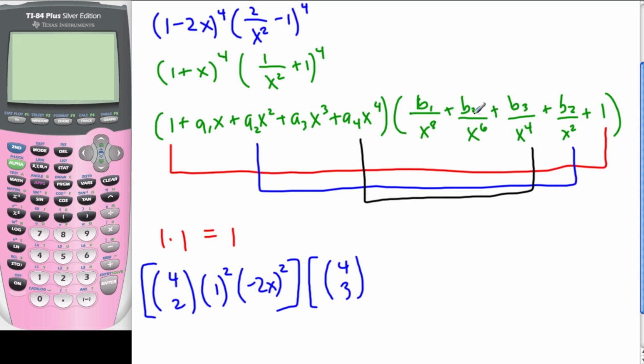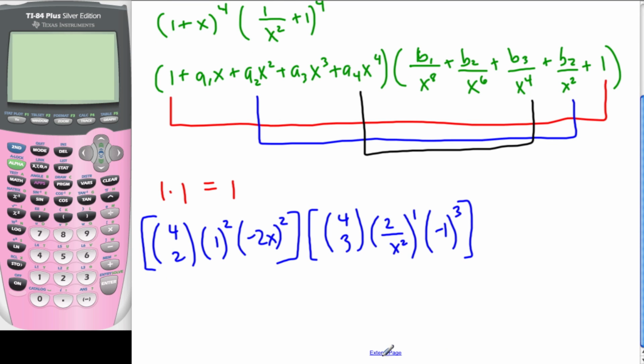It's 4 choose 0, 4 choose 1, 4 choose 2, 4 choose 3. So this is 4 choose 3, and then we have 2 over x squared. That's a 1, and negative 1 cubed. That will be our second time we get an independent term.